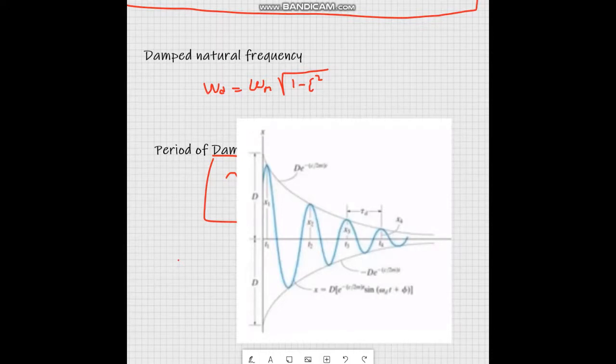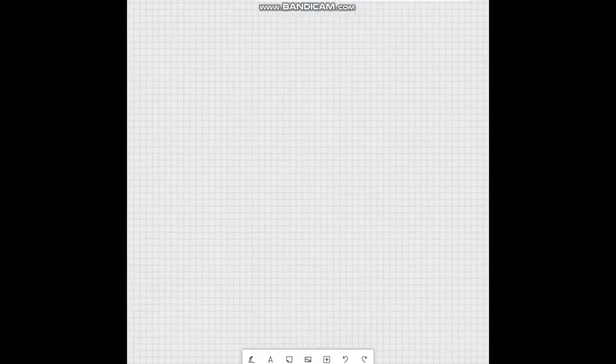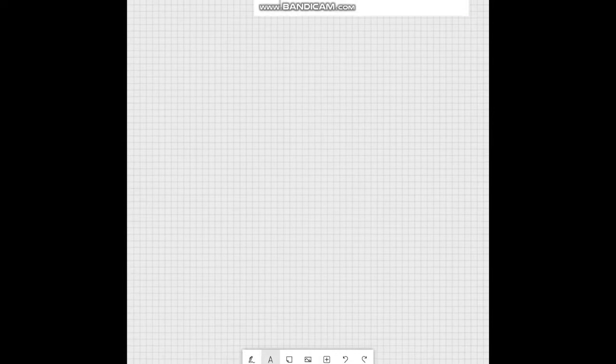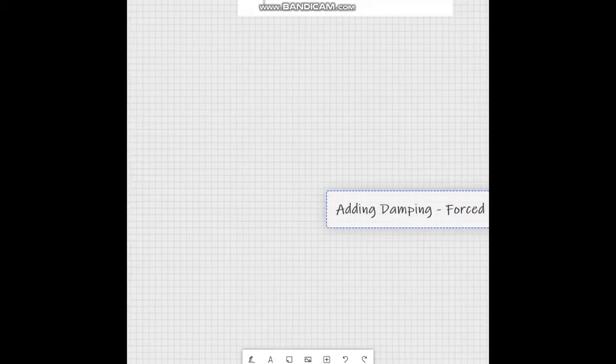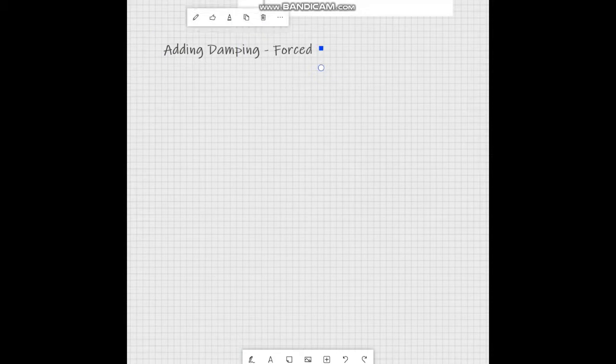The next is if we add damping to the system but in forced vibration, not free anymore. Simply we are gonna write it down.